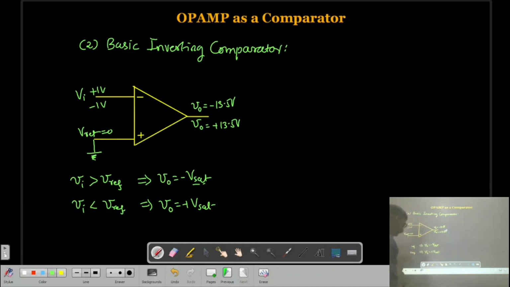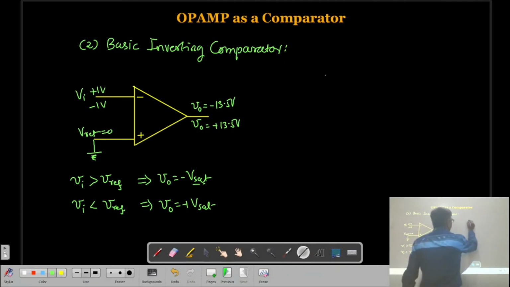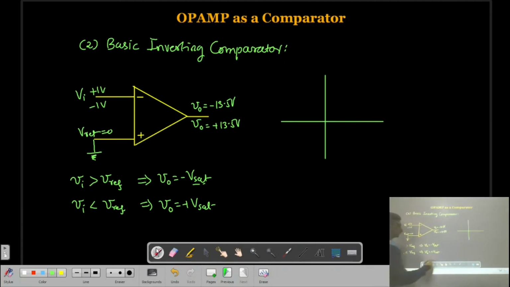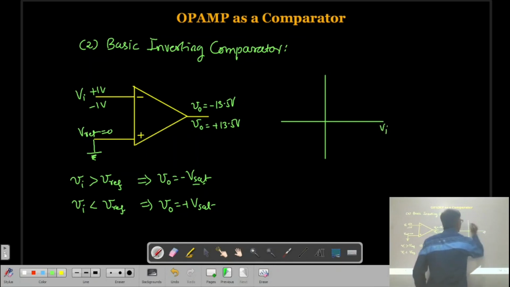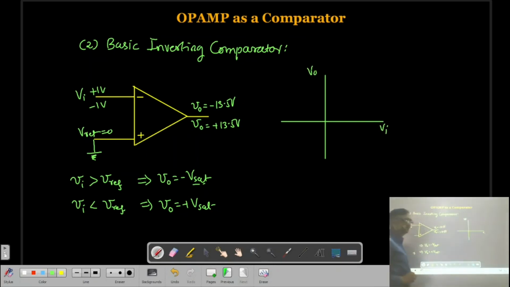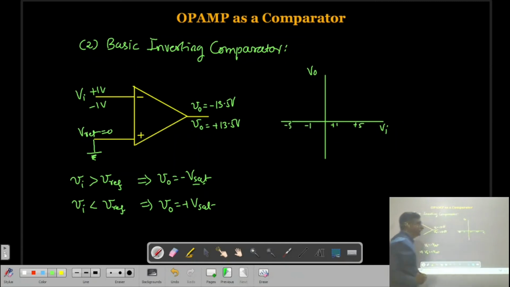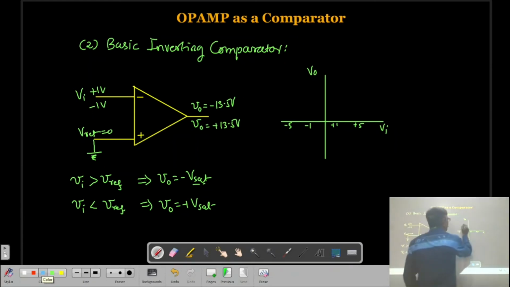If you see the transfer characteristics, this is the input voltage and we have this output voltage. These are the positive voltages, plus 1 volt, plus 5 volt. This one is minus 1 volt, minus 5 volt. And if we draw this transfer characteristics, then it will be like this.